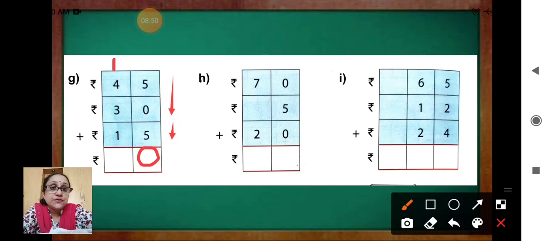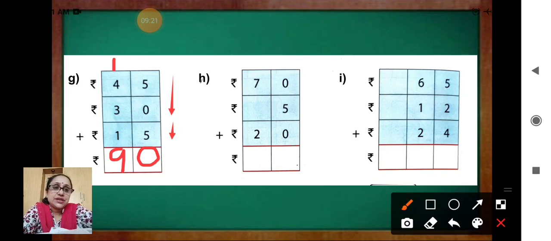So 1 plus 4, 5. Do slowly. Then 5 plus 3, 8. 8 plus 1, 9. Correct? Rupees 90.